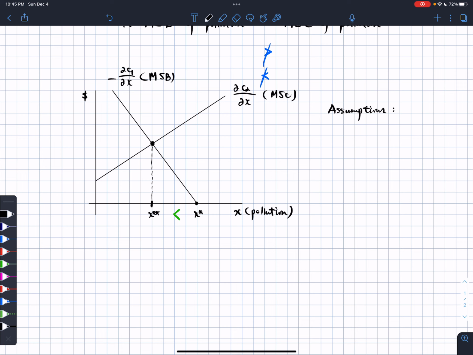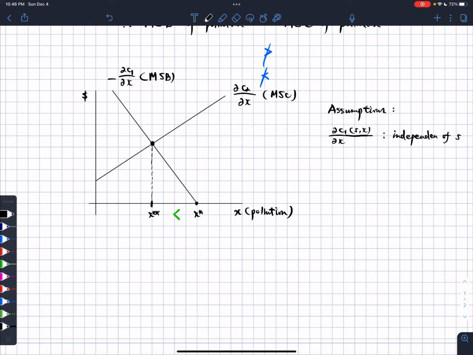So first of all, remember that this C1 is a function of what? Steel and pollution, right? And this partial derivative, I'm assuming that it is independent of s. That means this depends only on x.